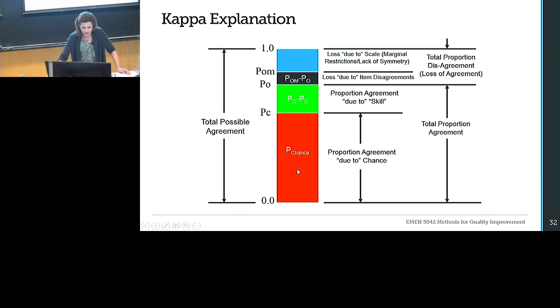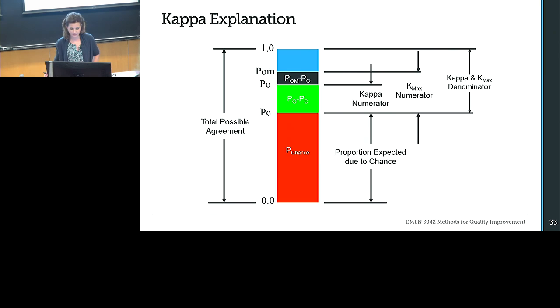You're not allowed to use pie charts. Okay, so I know this looks kind of interesting here, but this actually will give you an idea of where you should focus. So we have all of these numbers in here. This is our proportion agreement due to chance. And here's our proportion agreement due to skill, but these are the losses here. We only arrive at this because we're calculating what these different losses are, and we get that information from Kappa and Kappa max, which is on this page right here.